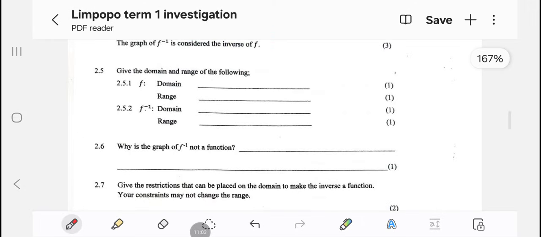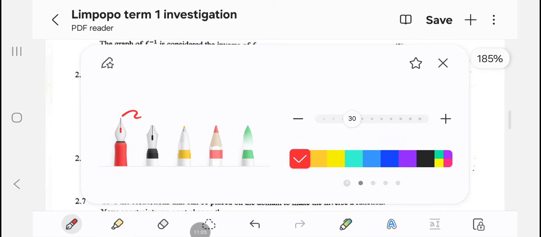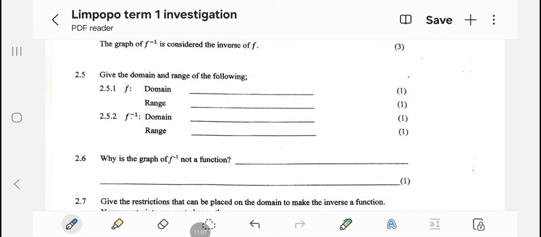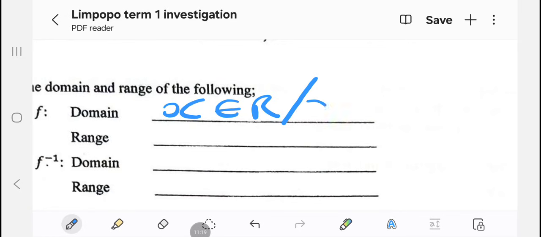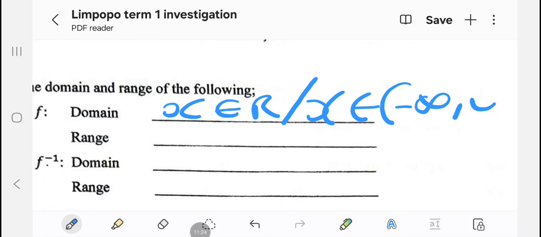2.5. Almost done. 2.5, the domain. The domain of f. So all our x are positive, or we can write x from negative infinity to positive infinity. That is the domain. Then the range.